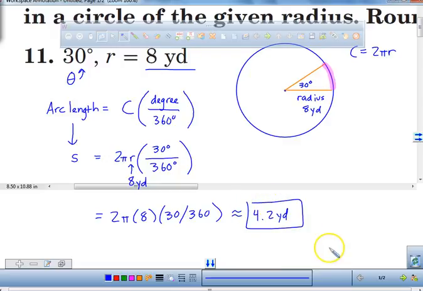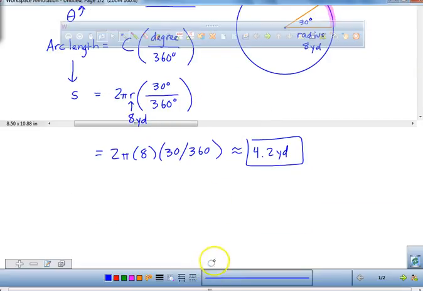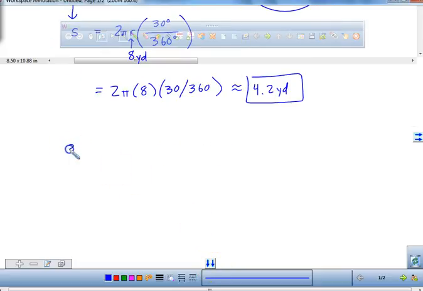But what is the title of this section called? Degrees and radians. So we're going to show you how to do this in radians, not just degrees. So we're going to do the exact same problem, except we're going to do it in radians. So the first thing I'm going to do is take 30 degrees, and you need to know how to convert it into how many radians is 30 degrees.